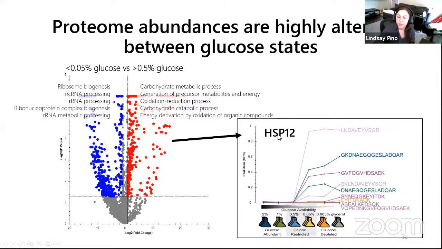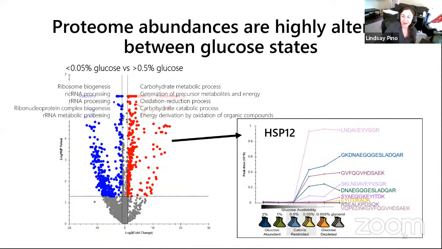You can see that all of the peptides are low, low, low in the first three glucose conditions, and then all of the peptides very nicely, stably become increased in abundance once we hit somewhere between 0.5% glucose and 0.05% glucose. At some point in there, this gene is turned on, transcription is turned on, and the protein becomes abundant. So that was kind of interesting. It definitely didn't prove my hypothesis right at all. My hypothesis was definitely proven wrong.